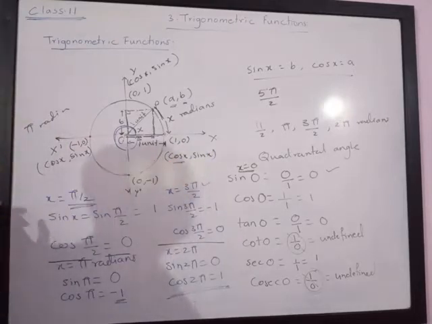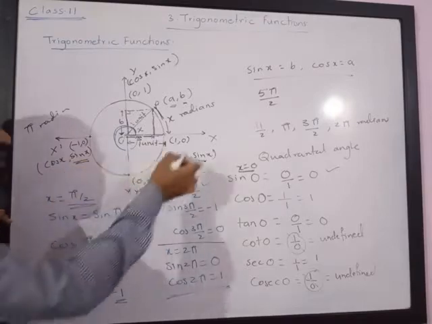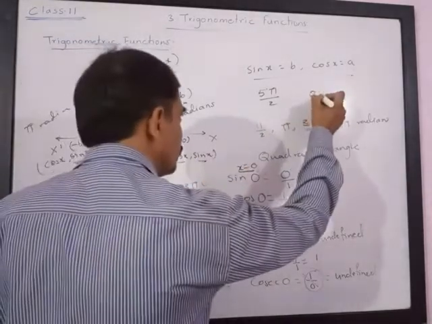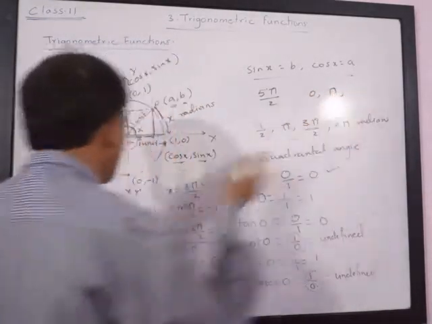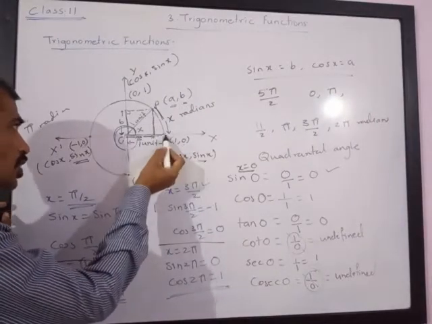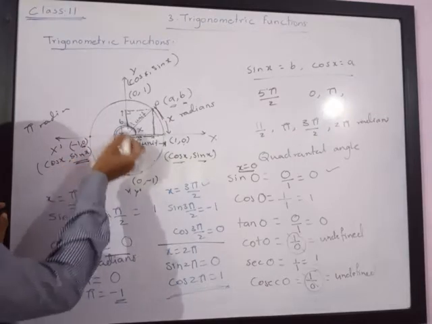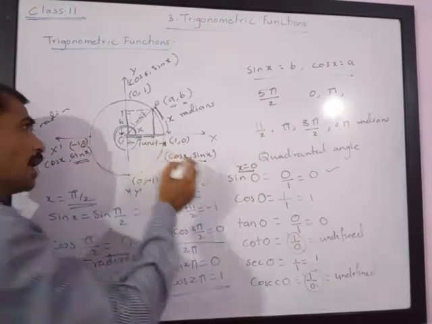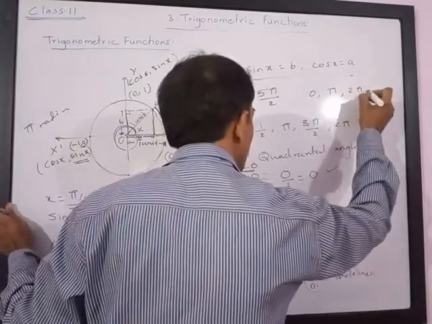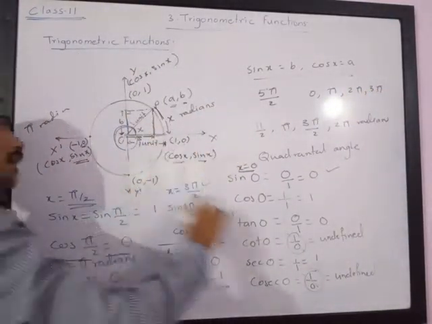Thus you will notice that sin x becomes 0 when the angle is 0. When the angle is pi, the y coordinate is 0, so sin x is 0. When it is 2 pi, again it becomes 0, when it becomes 3 pi, again 0, when it becomes 4 pi, again 0.